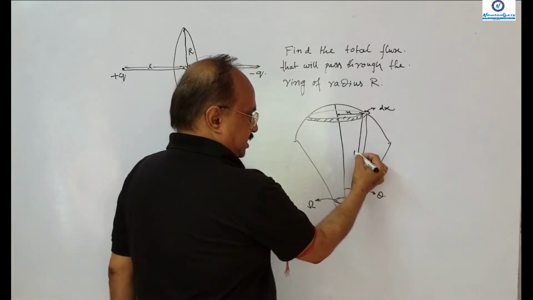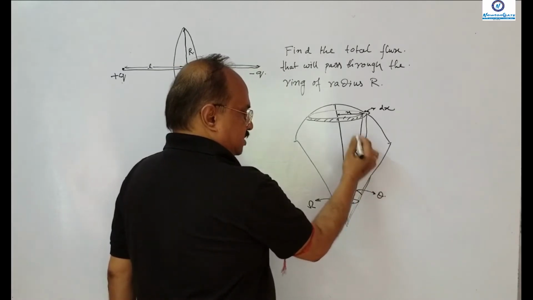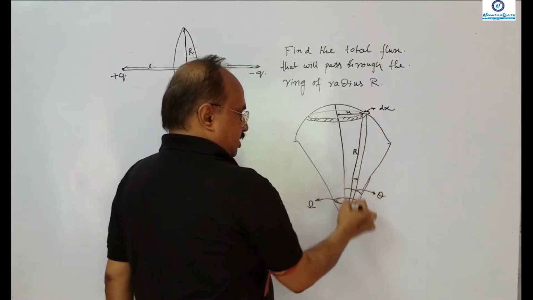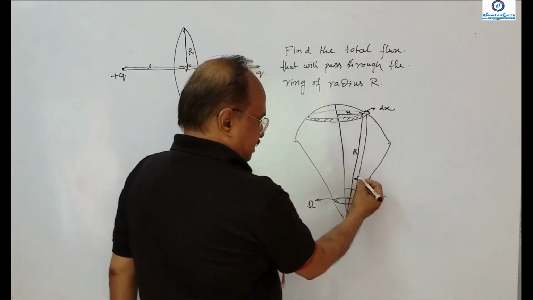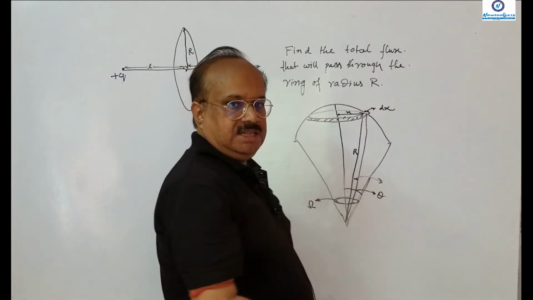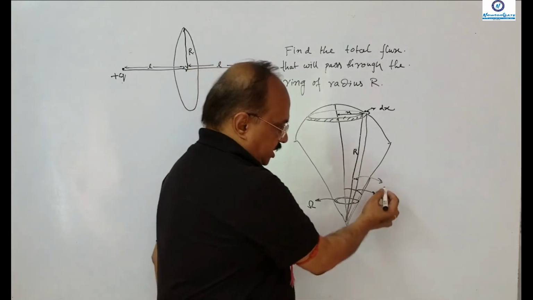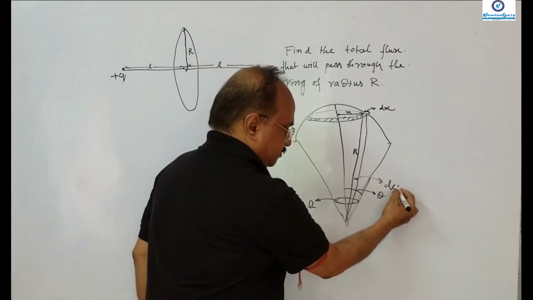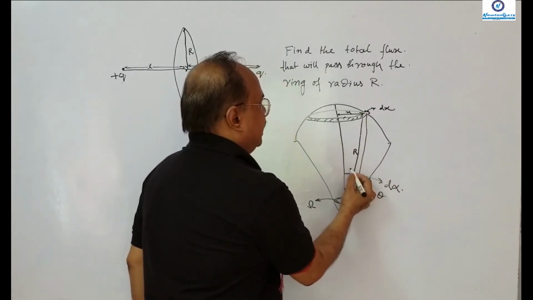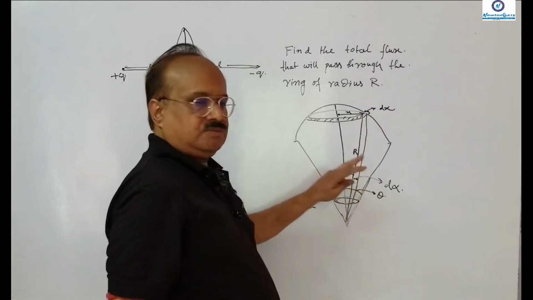This is the radius of our sphere, r, and this is also the radius of the sphere, r. This elementary angle is d alpha, and from here the angle is alpha.